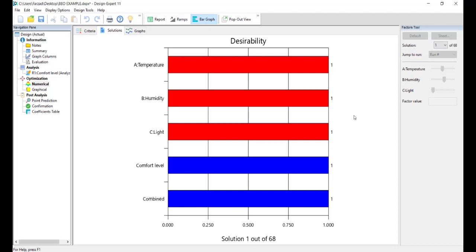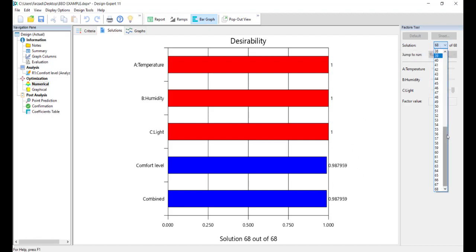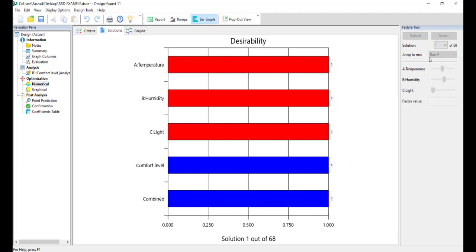For that factor, the response or the optimized point which we found is the maximum. Desirability is a parameter which shows how desirable that result is. You can see here we have 68 different optimized points, actually. We can select each one of these optimized points according to our experience, because it will suggest different values for factors and also the response.